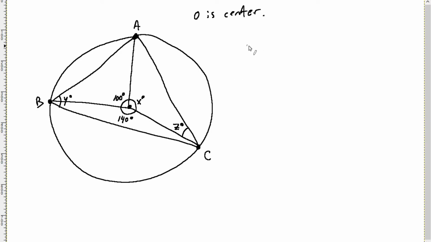So we can write 360 degrees equals 100 plus 140 plus X. When we take away 100 and 140 from each side, we end up with X equals 120 degrees.